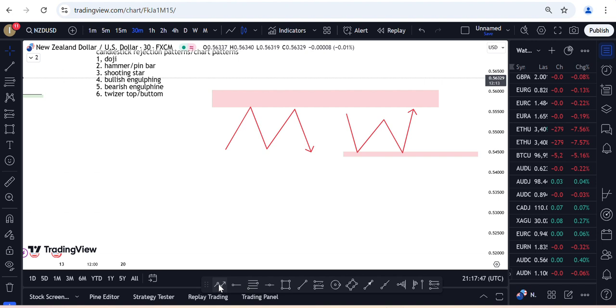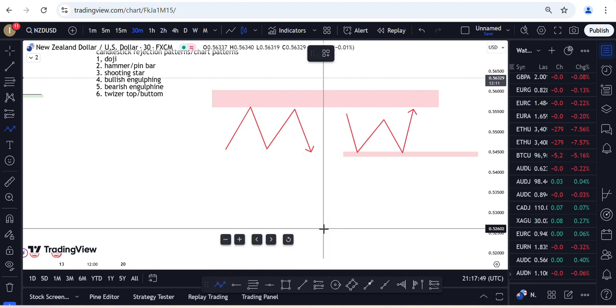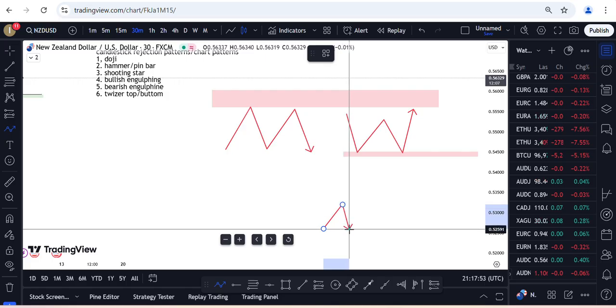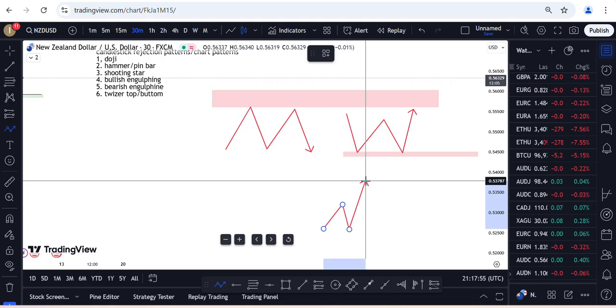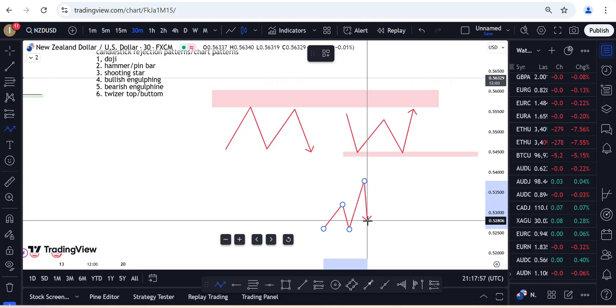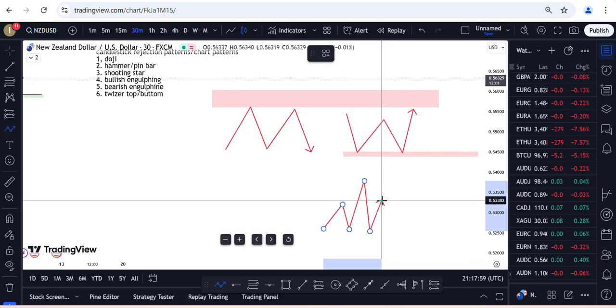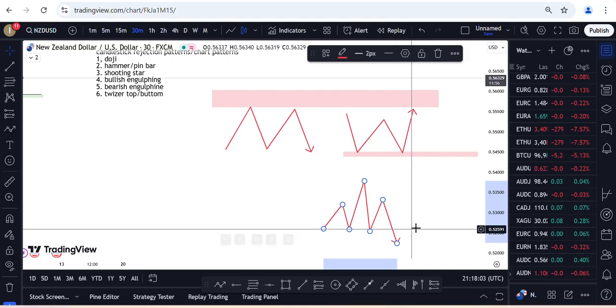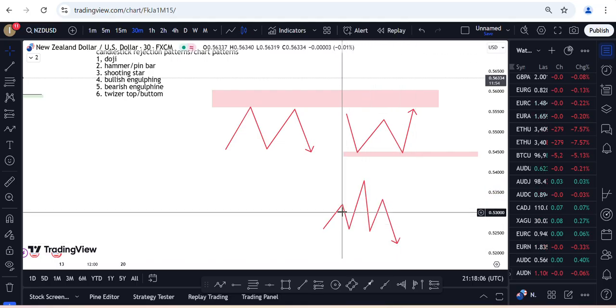Then the next chart pattern I want us to look at is head and shoulder pattern. So this is it. It forms a shoulder and then forms the head, right? Comes back again, forms another shoulder, and then breaks. So this place is called a shoulder. This is the head.